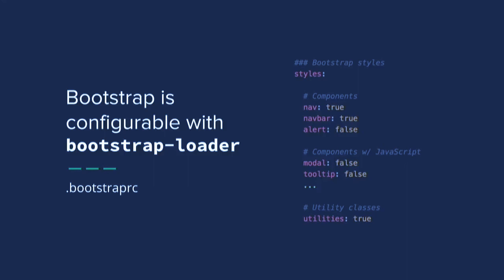For example, not necessarily do you need alerts. This way, we're choosing exactly what we'll need in each project, and it's easy to do because it's in a single file. There are other things you can set as well, like a post-CSS configuration just to have autoprefixer.